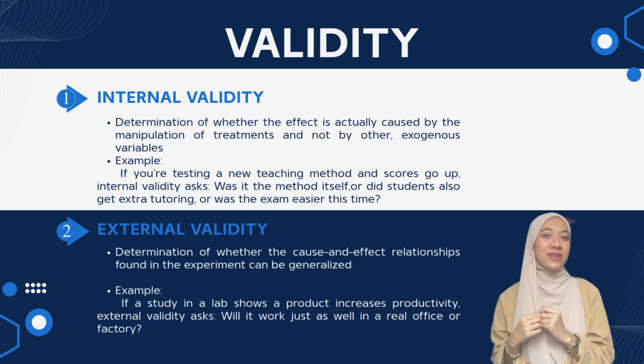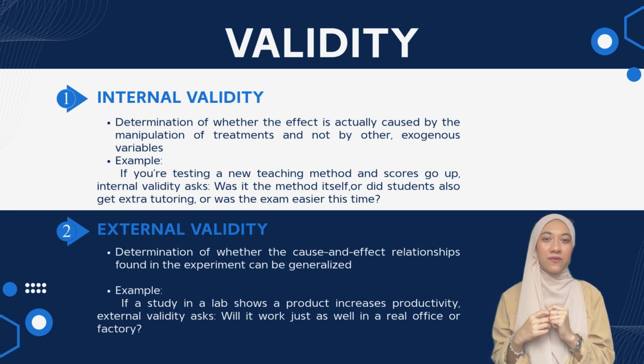High internal validity means you have controlled for confounding variables and bias. For example, if you are testing a new teaching method and scores go up, internal validity asks: is it the method itself, or did students also get extra tutorials, or was the exam easy this time?